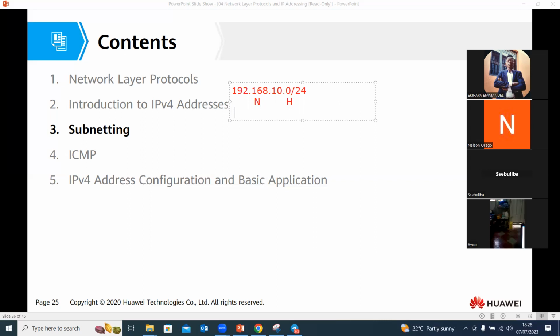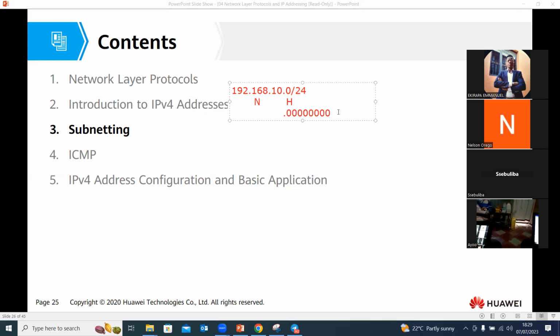Now the host part, if we represent it in terms of bits, we shall have dot 0, 0, 0, 0, 0, 0, 0, 0. There should be 8 zeros. So we are focusing on the host part.